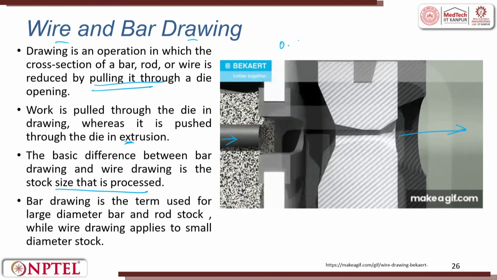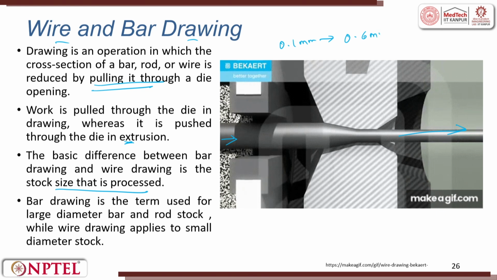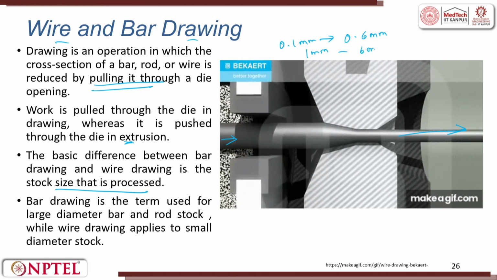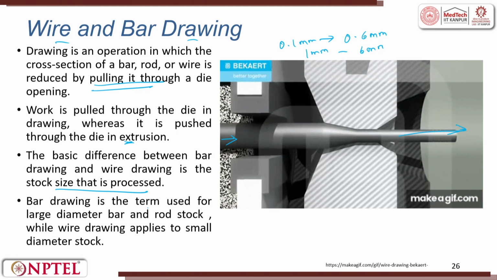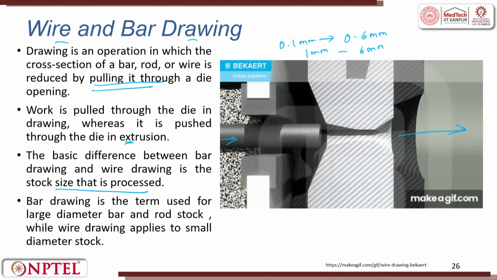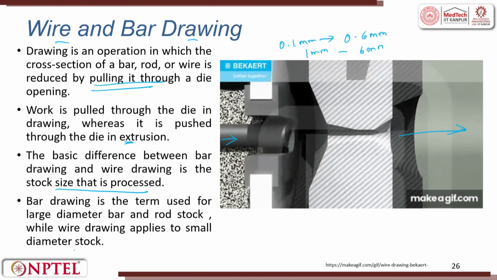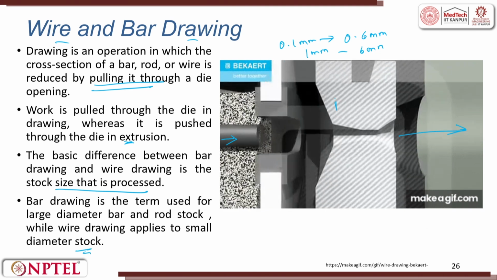Wire you can get from 0.1 millimeter up to 0.6 millimeter, and bar can be from 1 millimeter to 6 millimeter depending upon your requirements. Bar drawing is the term used for large diameter bar and rod stocks, while wire drawing is for smaller diameters. So, this is the die.